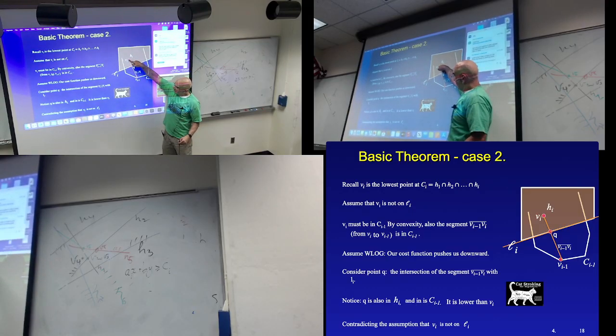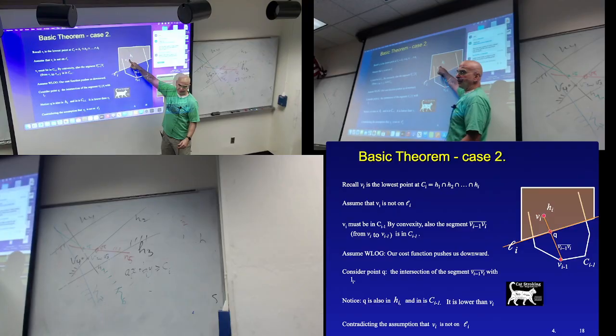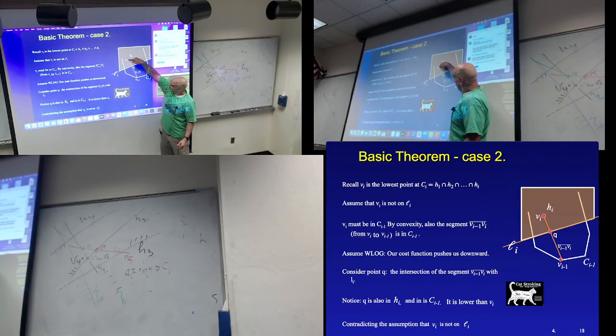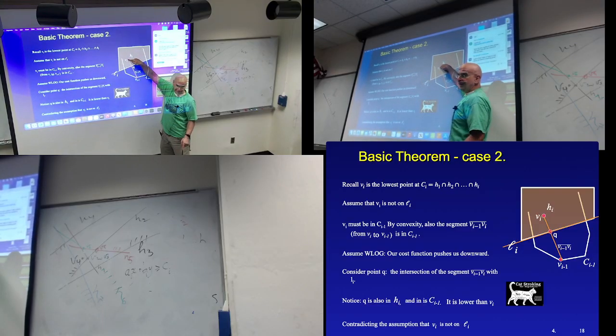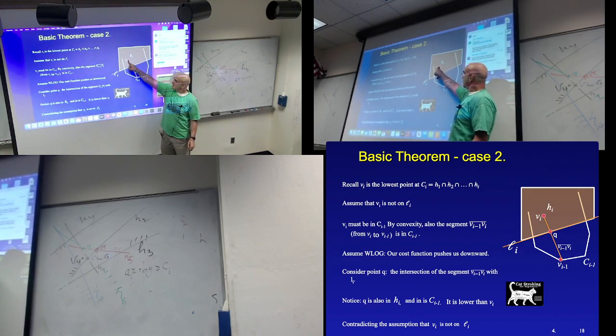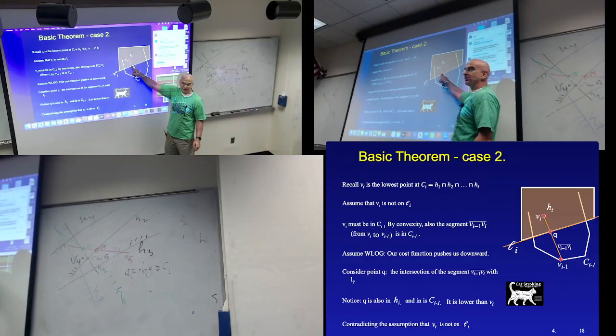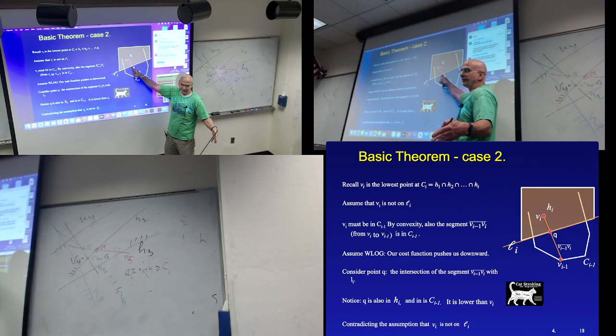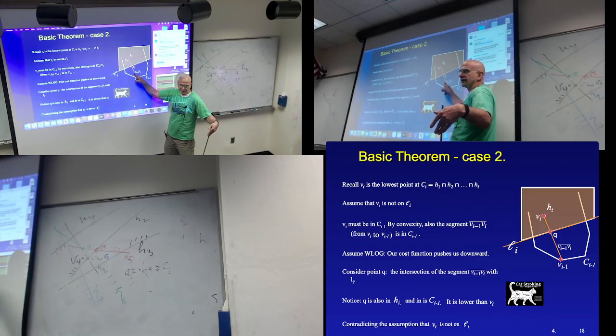The cost function is linear, meaning that if this point is better than this point, then as I'm moving from Vi, which is in Hi, to Vi minus 1, which is not in Hi, along this segment, my cost function changes linearly, becoming better and better, lower and lower. Graphically, it's obvious, but true for any linear function.